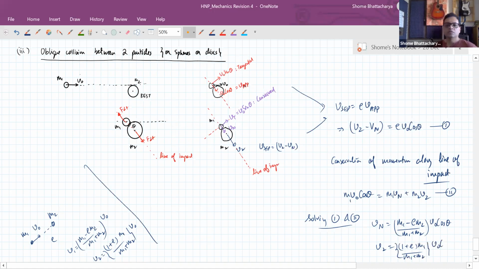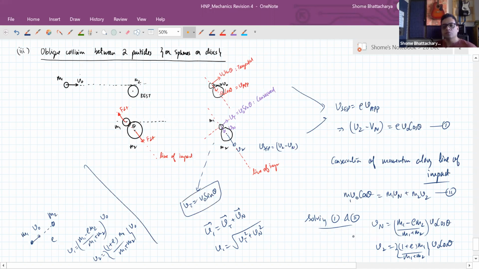So now see, we know the tangential component. For the first one's velocity, it is the combination of the tangential component plus the normal component. So its speed will become, okay, where we know that the tangential component here is V naught sine theta.